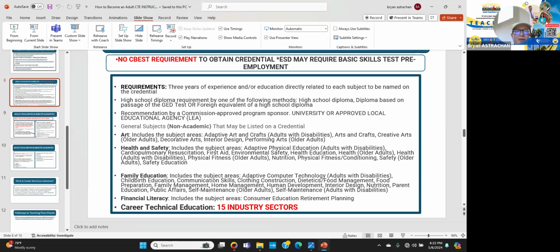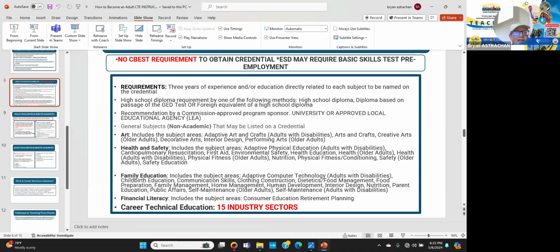Okay, I see a question here. Can a person have non-academic and academic? Yes, they can. It'll generally be the same document, the same credential, but I'll give you an example. Let's say a teacher wants ESL, which is academic, but then they also want to have art. So they would have both of those subjects named on that document. And that's kind of the terminology.